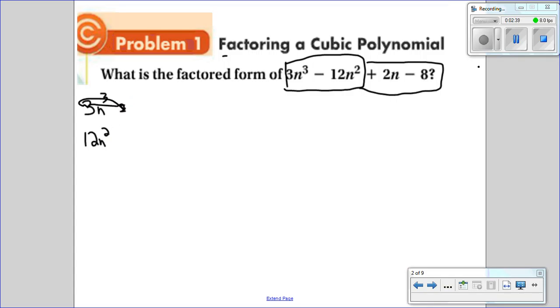3n cubed would be 3 times n times n times n, and 12n squared would be 2 times 2 times 3 times n times n.